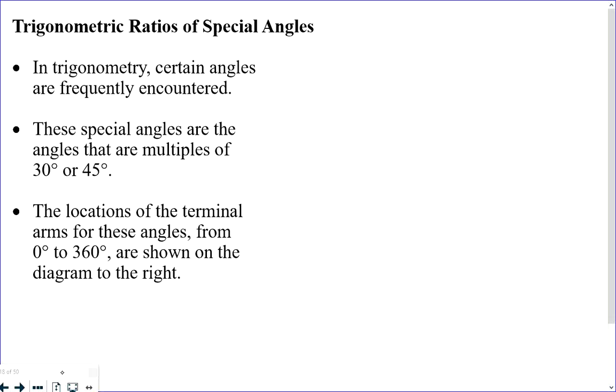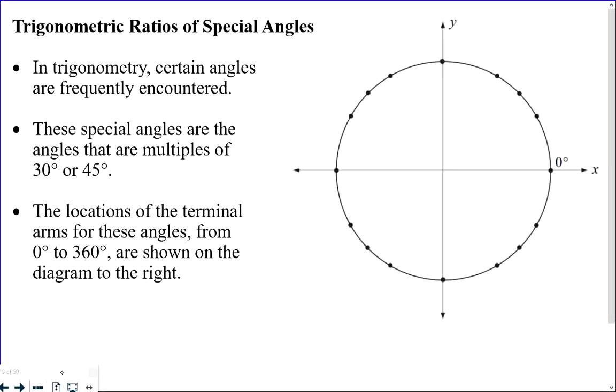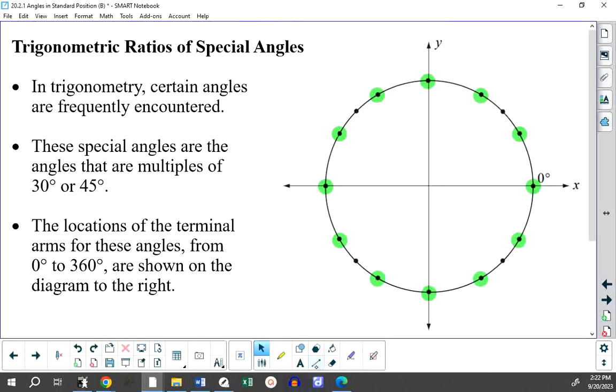So when I take a look at this diagram, and I know your diagram has more information, but I want you to focus up here. I want you to notice that each of these green dots is separated by 30 degrees. This diagram gets more complicated in Math 30.